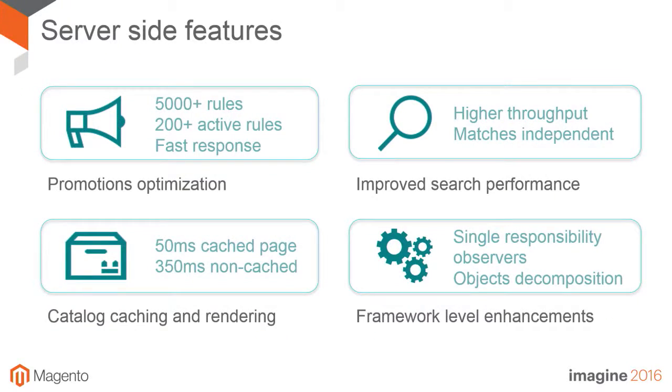Meanwhile, Magento 2 is totally free of any limitations here. By using pre-processing for our rules as well as a probabilistic approach for rule selection, we managed to achieve support of thousands of rules registered in the system, as well as hundreds of rules actively applied to a shopping cart, definitely with no performance effect on your checkout or cart operations.